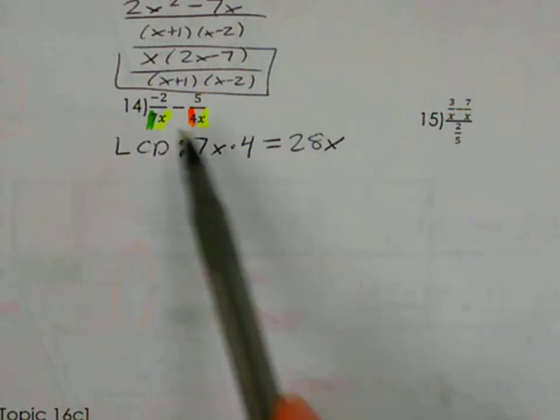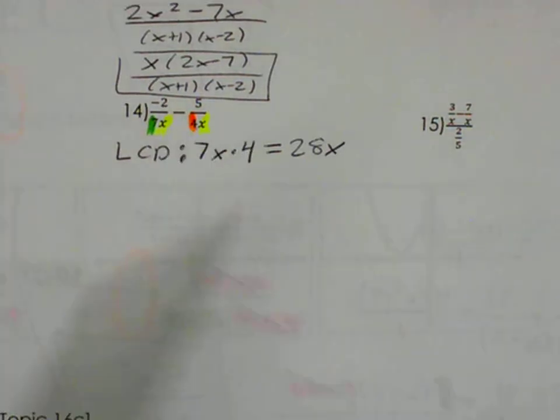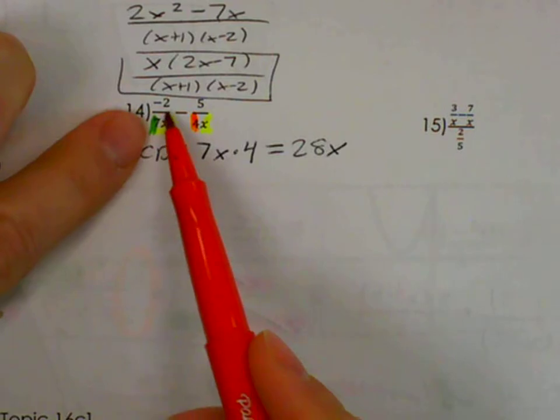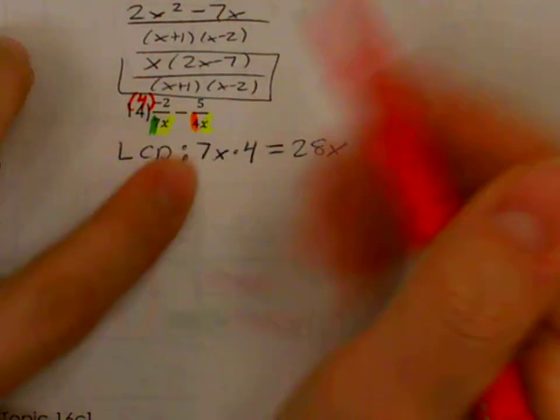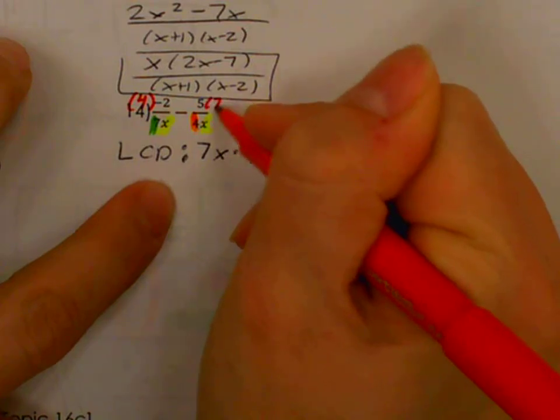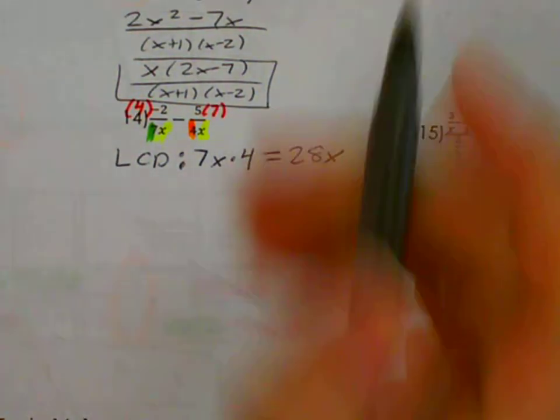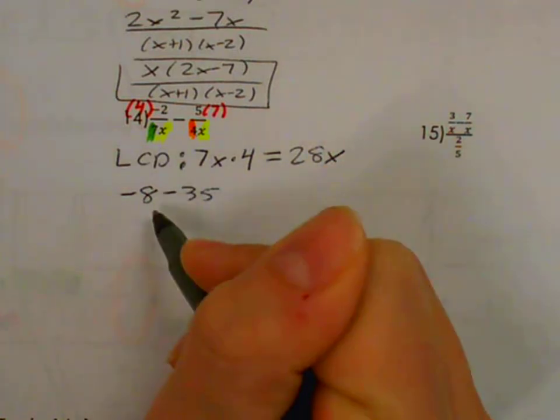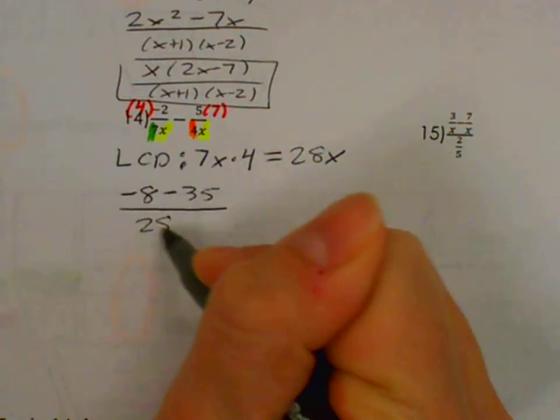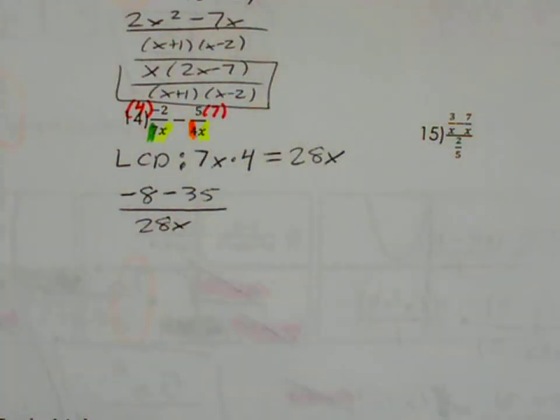So now I look up here, what am I missing? Well, on this one I'm missing the 4. I need to multiply this by 4. On this one, I was missing the 7. I need to multiply that by 7. So I get negative 8 minus 35 over 28x. So then I'm going to simplify this.